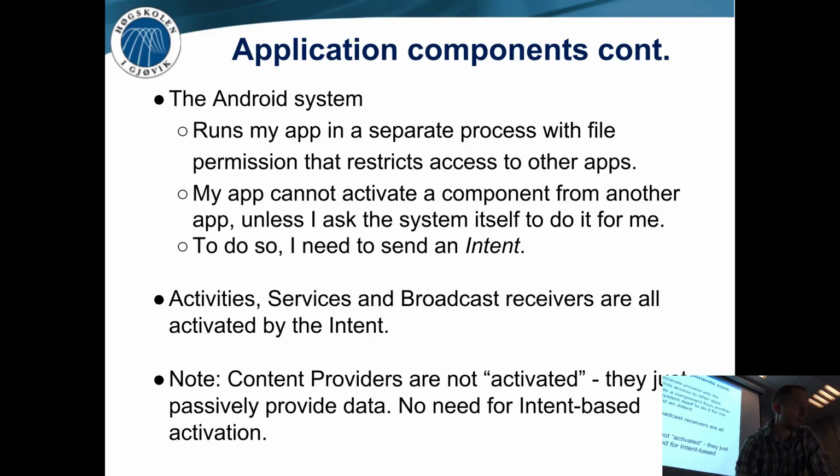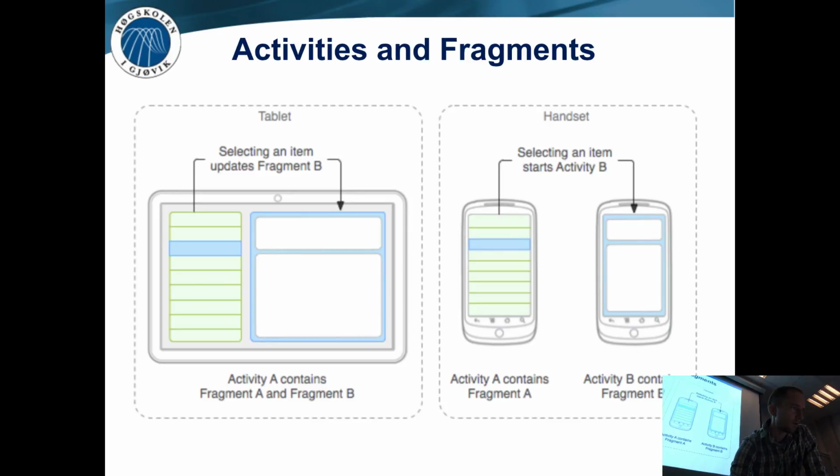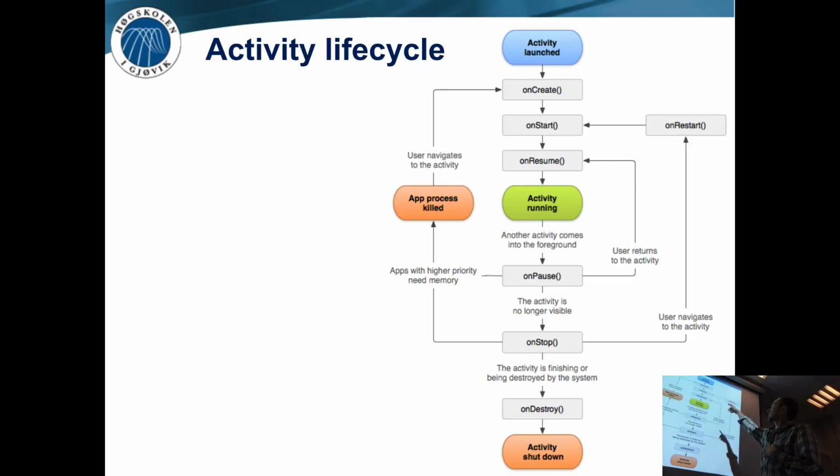So I will show you here. In onCreate, typically, what you will do, you will capture the UI thread, and you will have a loop which keeps being looped over all the time, right?